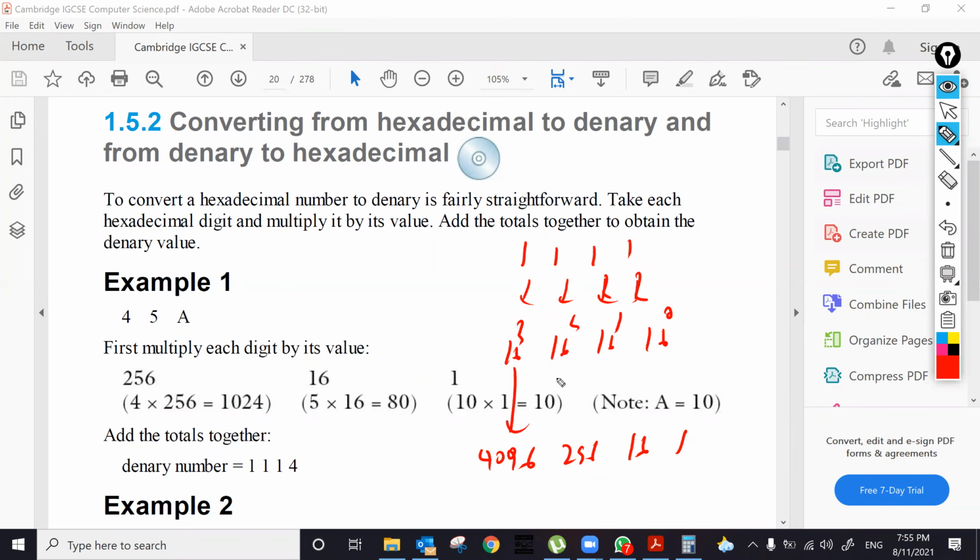These values you should remember. That's it. You can do any kind of calculation, right?